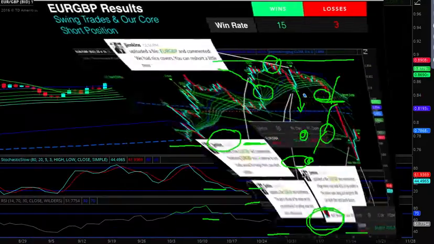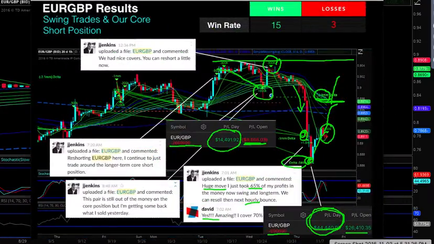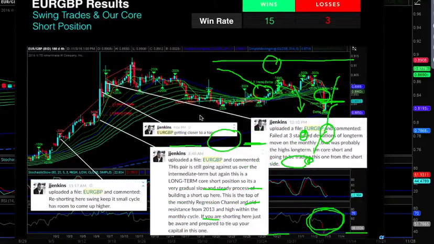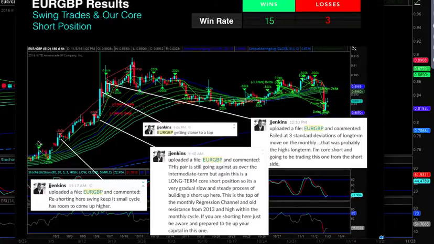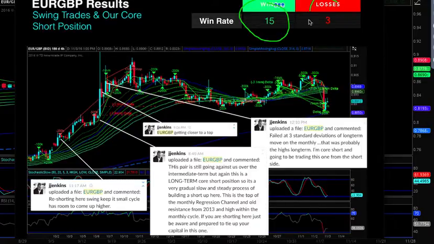But pretty good stuff, guys. I mean, look, we had, let me bring this back up. Of all these trades, okay, there's 15 winning trades in here, and we only had 3 losses. And these trades here, I really could care less about because they're tiny positions when I want to get 1 to 3 million on.